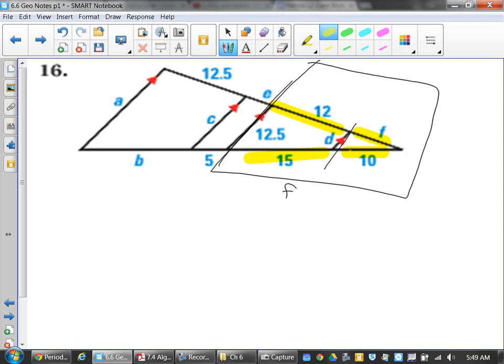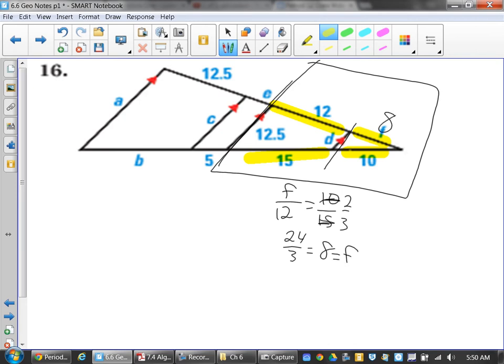So you can say f over 12 is 10 over 15. This is the same thing as 2/3. So 24 divided by 3 is 8, and that's your value of f. Okay.